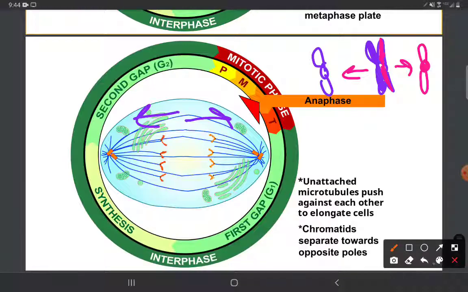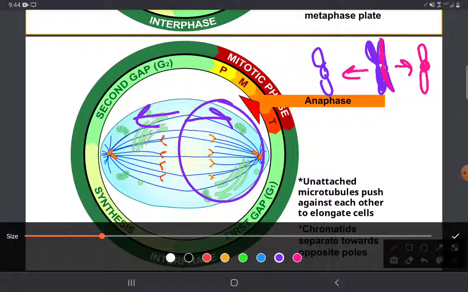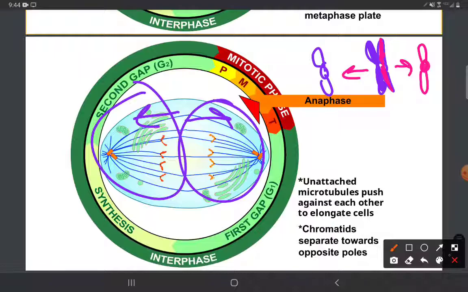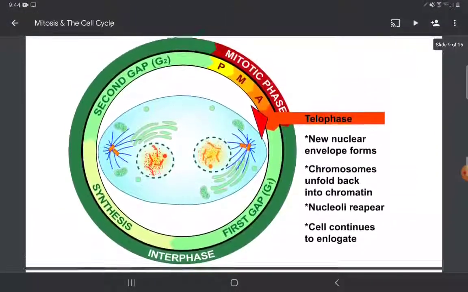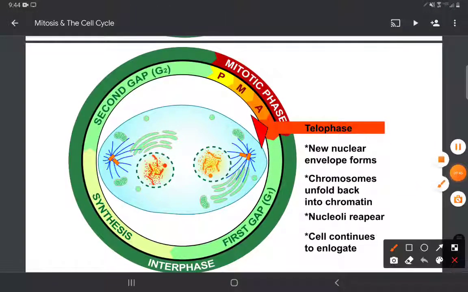Because they are identical, the new cells that are being formed on this side and this side will be genetically identical. In telophase, we undo prophase, which means we do the opposite of prophase.